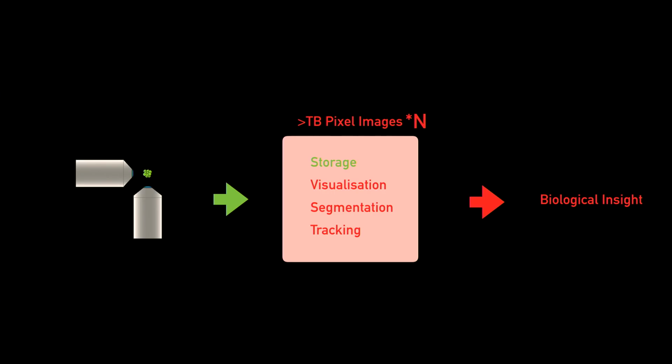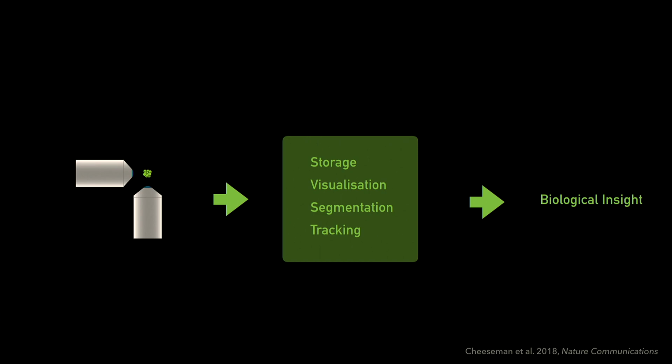Although this helps address issues such as storage, could we not do something that helps out the entire pipeline, that allows us to utilize the sparsity to help with storage, visualization, segmentation, tracking, everything downstream from acquisition?